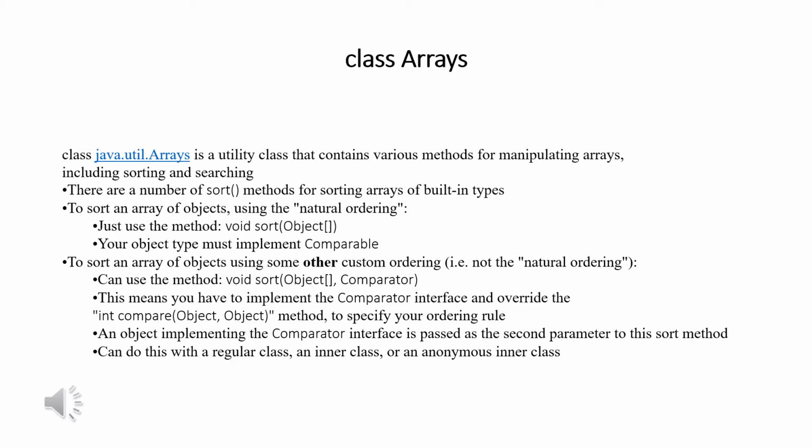What if your array of objects uses some other custom ordering that is not natural ordering? Then how can you sort these objects?